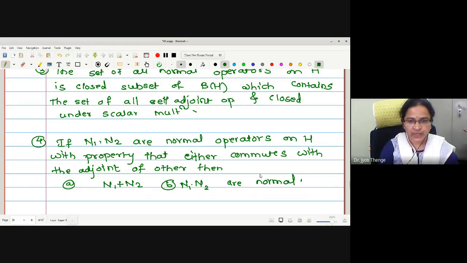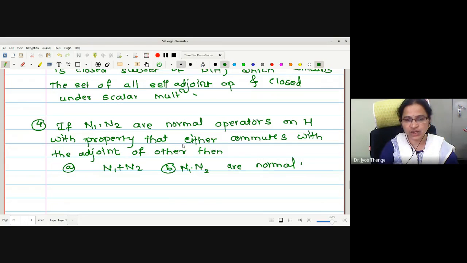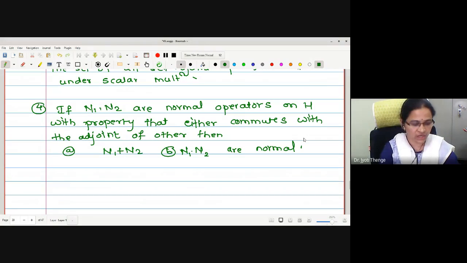Here I just want to clarify the phrase that either commutes with the adjoint of the other. That is, if N1 and N2 are normal operators, then N1 commutes with the adjoint of the other, that is, N1 commutes with N2 star.